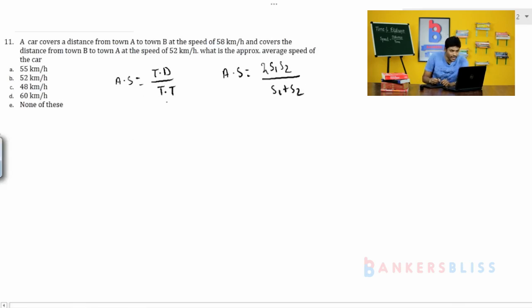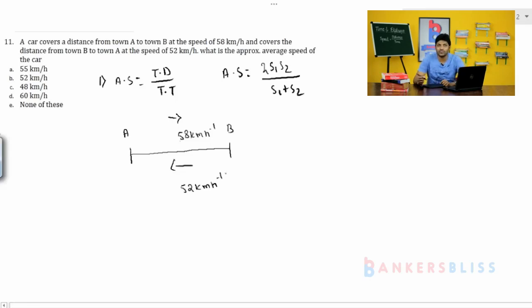See here, when do we have to use the first formula? A to B you are traveling at a speed of 58 km per hour, and you are coming back at a speed of 52 km per hour.